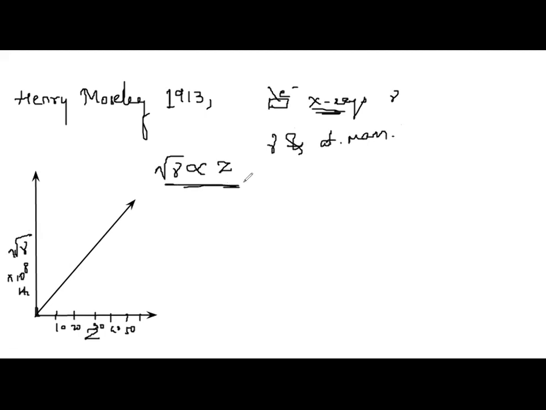From these observations, Moseley therefore concluded that atomic number, and not atomic mass, is the fundamental property of an element. This was the only mistake made by Dobereiner, Newland and Mendeleev, and so their laws were not successful.